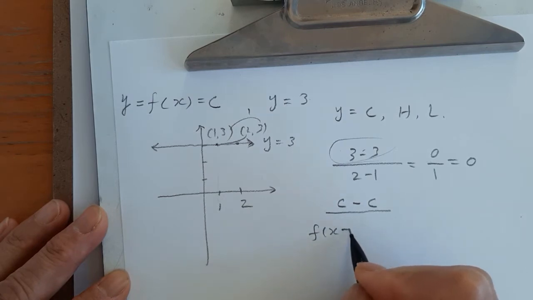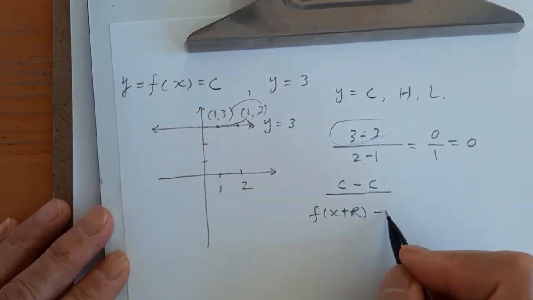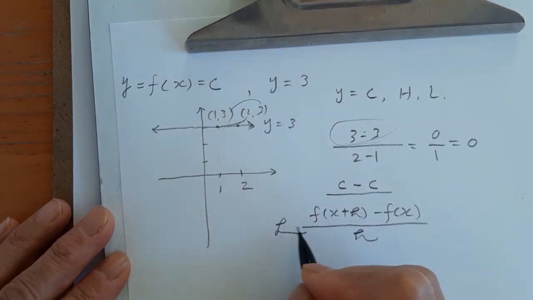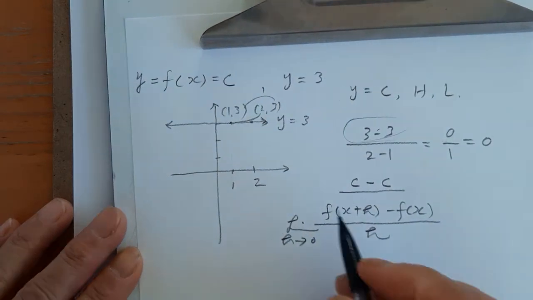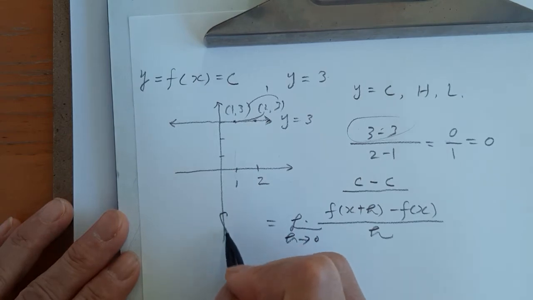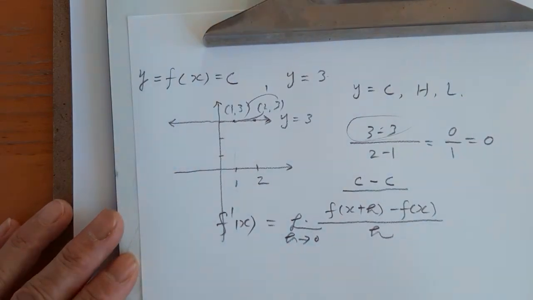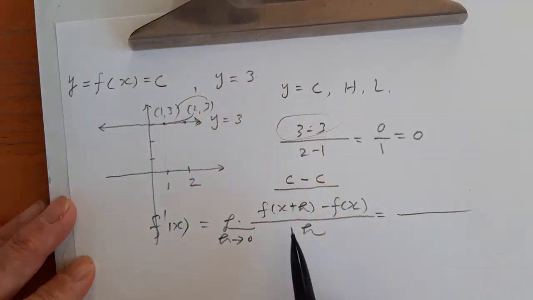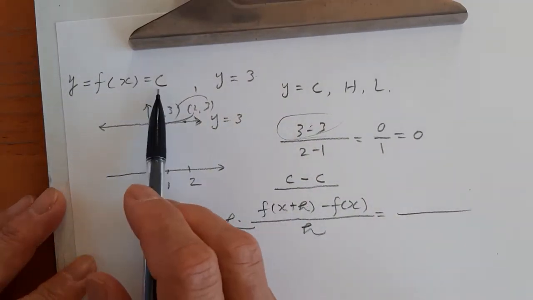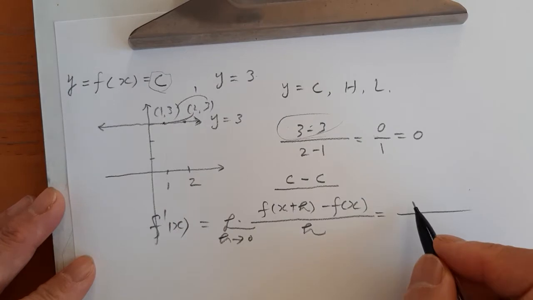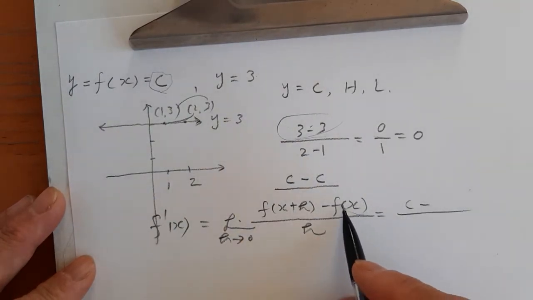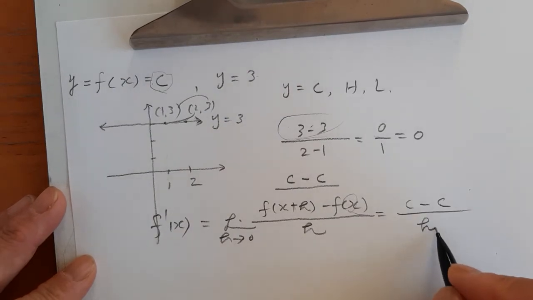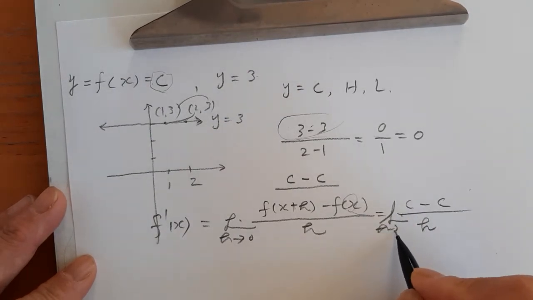f of x plus h minus f of x over h, limit h approaches 0. This is the first derivative, f prime of x. Now, no matter what x plus h we plug in, the function value is c. No matter what x we plug in, the function value is always c, over h, as h approaches 0.